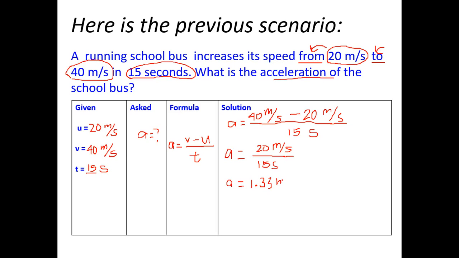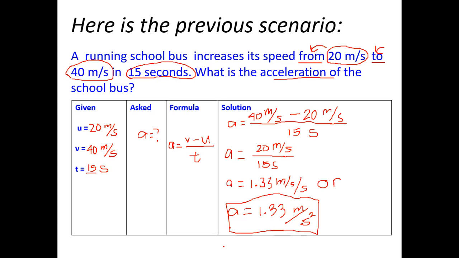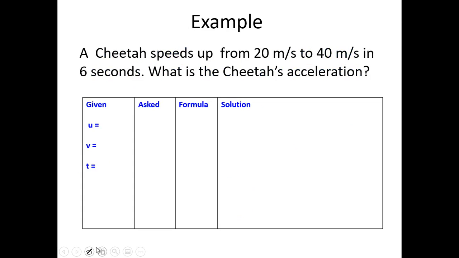Okay, so that's going to be meters per second per second, or you can write that final answer to be equal to acceleration is just equal to 1.33 meters per second squared. So there goes your final acceleration. All right. So now moving on to the next problem.